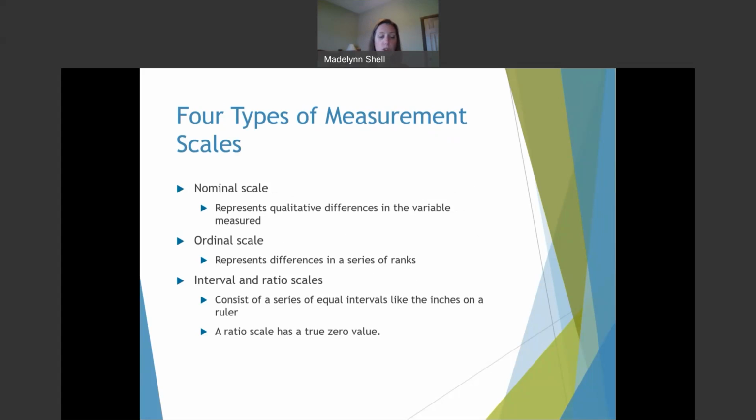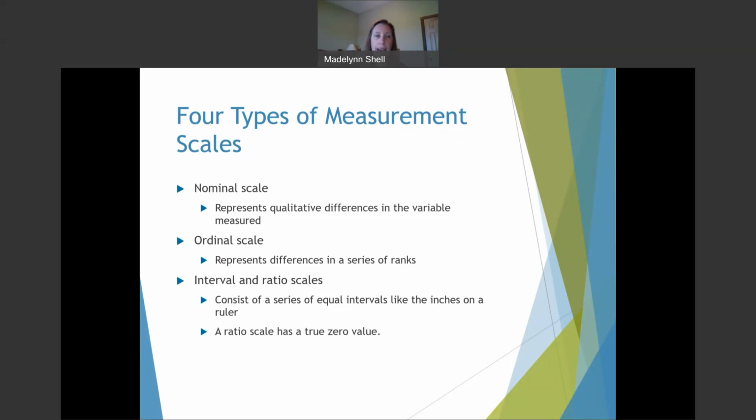Ordinal scales are ordered sequentially and represent different ranks. So for example, rate your first, second, or third choice, or t-shirt sizes, small, medium, or large, socioeconomic status, lower, middle, upper class.